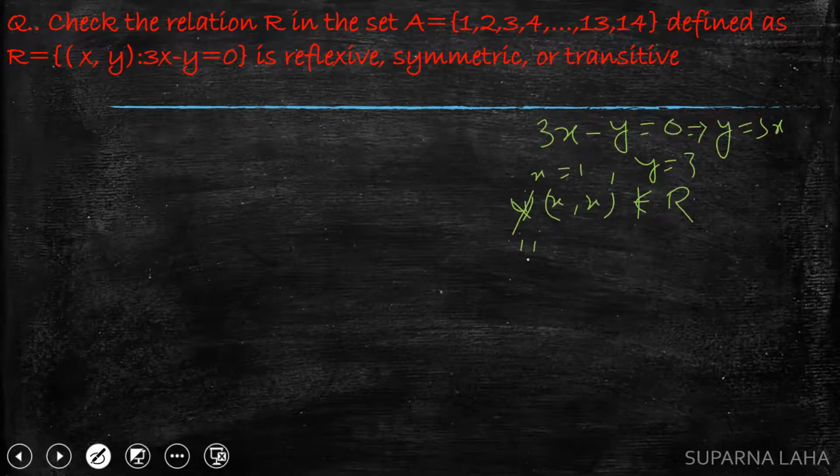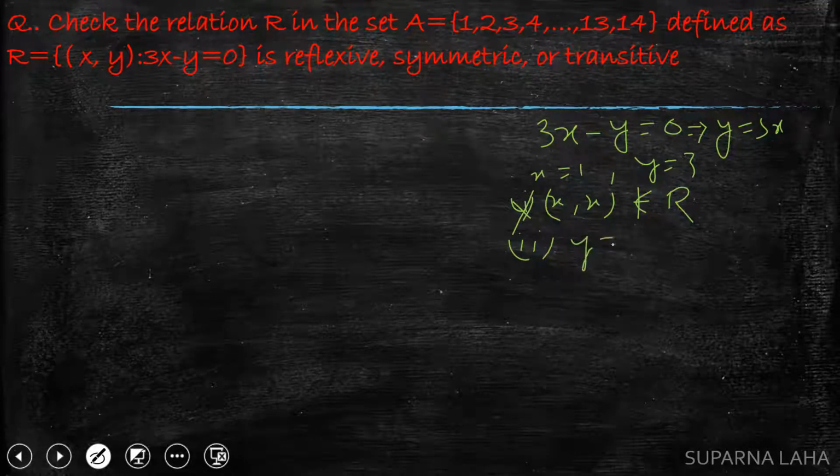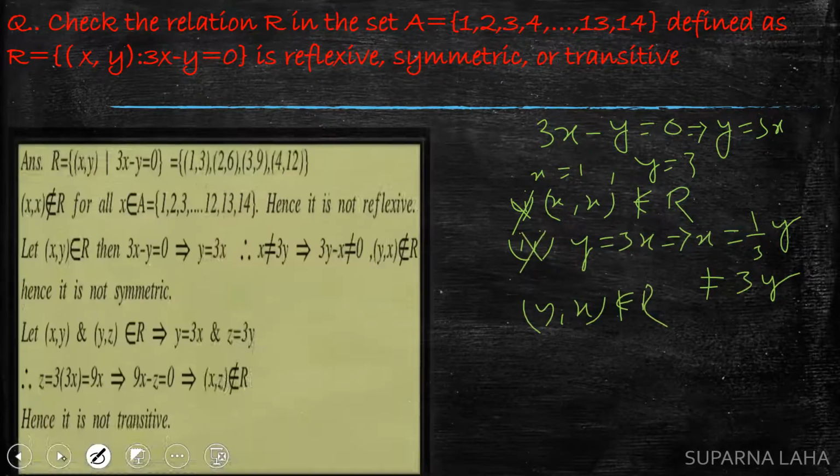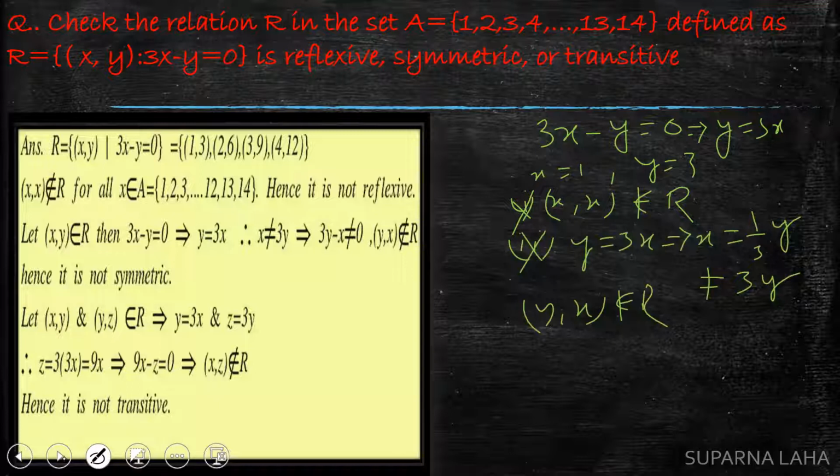Number 2, symmetric property. What is symmetric property? If y is equal to 3x, then x is 1/3 of y, which is not equal to 3y. Hence y comma x does not belong to the relation R. This number 2 property is not satisfying, hence it is not symmetric.